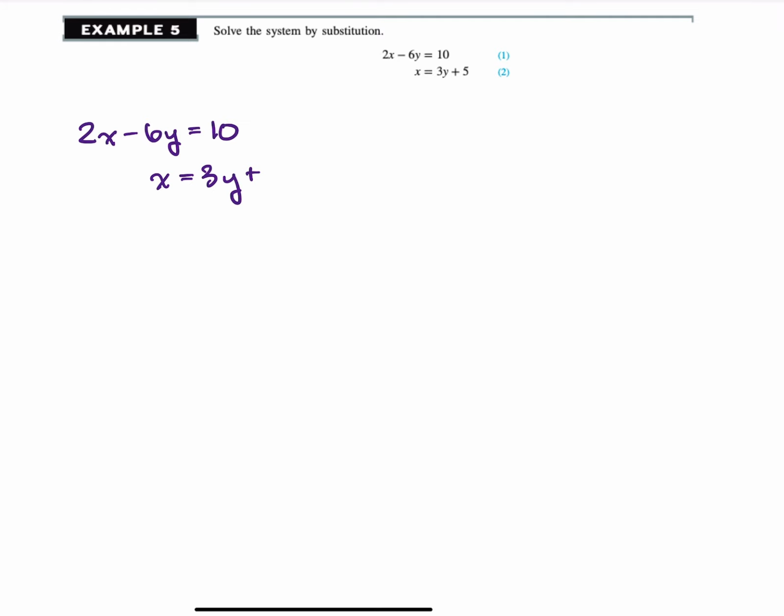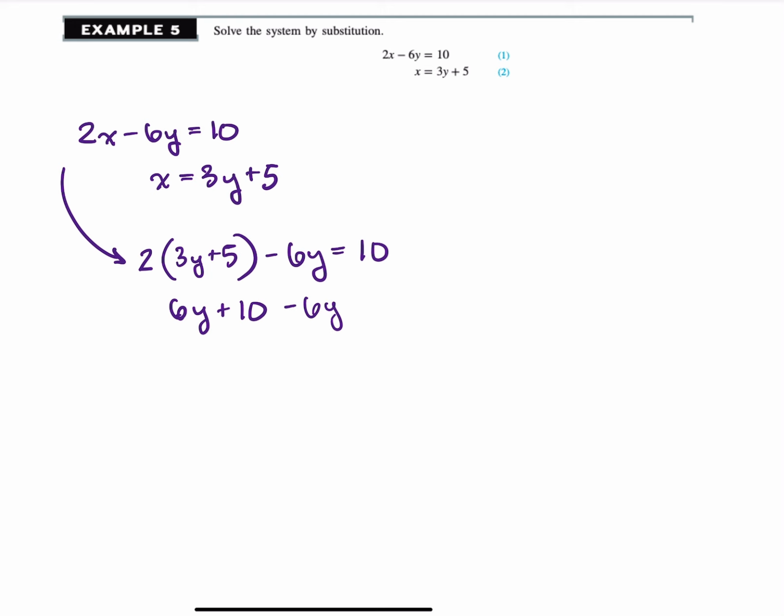So it's already solved for x, so let's just take that and plug it into the first equation for x. So 2 instead of x, I'll write 3y plus 5 minus 6y equals 10. So let's solve for y. I'll distribute the 2 through. This gives me 6y plus 10 minus 6y equals 10.